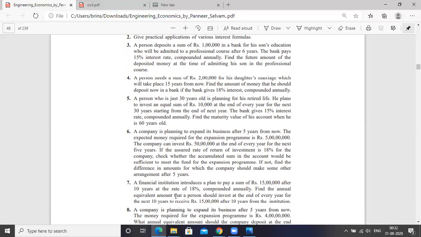So, again, coming to this problem, a company is planning to expand its business after 5 years from now. So you have the value n, I mean, period n is 5 years.